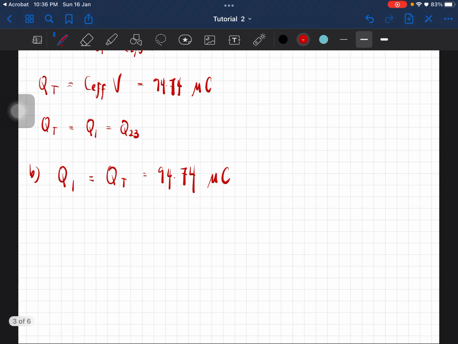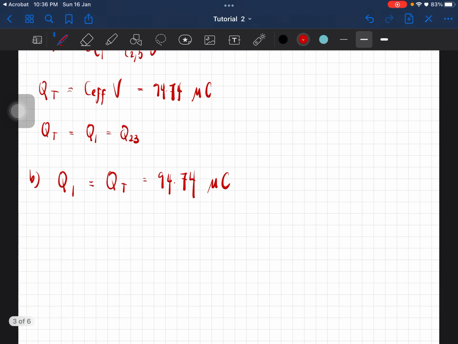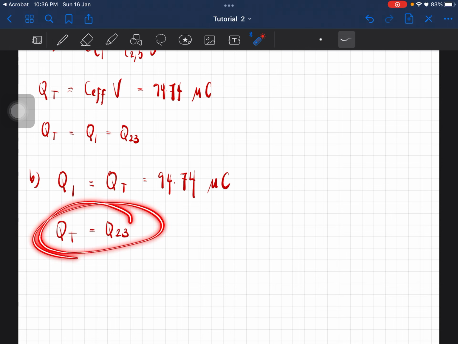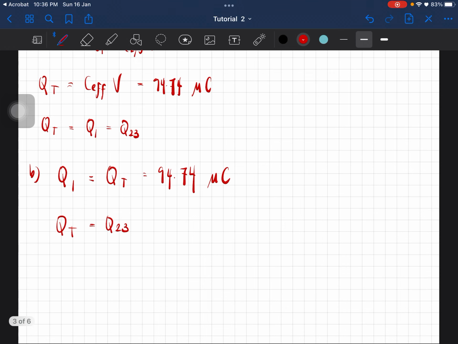Okay, and then we should do capacitor 2 and 3. Remember, for capacitors 2 and 3, the charge there will still be equal to the total charge, but remember Q2 and Q3 is a parallel circuit.